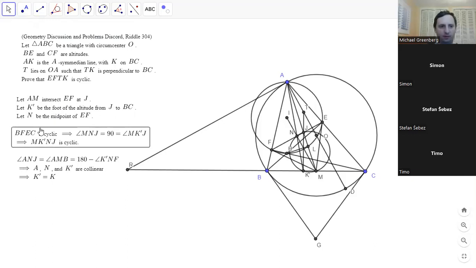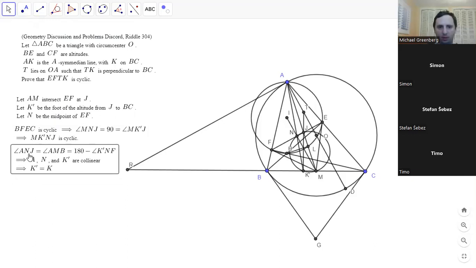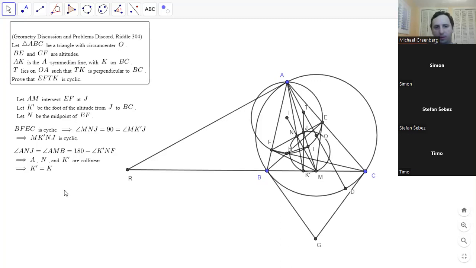And this means that A, R, K', and L must be cyclic, because RA is equal to RL and this is an angle bisector. And now we also get that T lies on this circle because angle RAT is equal to 90 degrees and angle TKR is also equal to 90 degrees. Very cool.